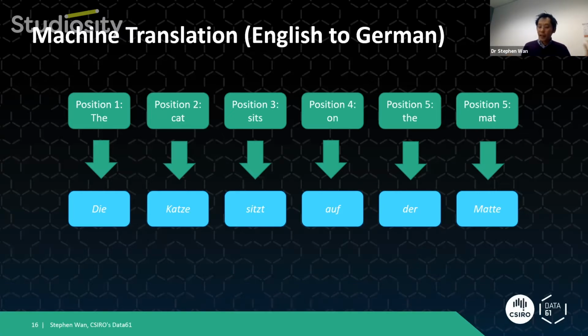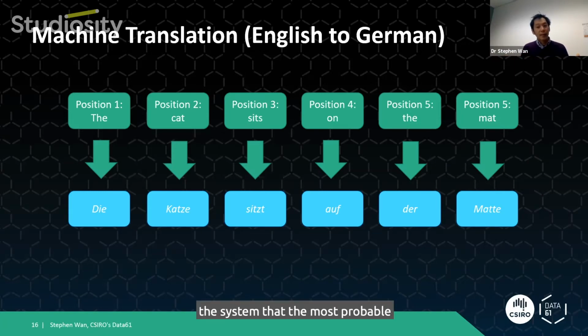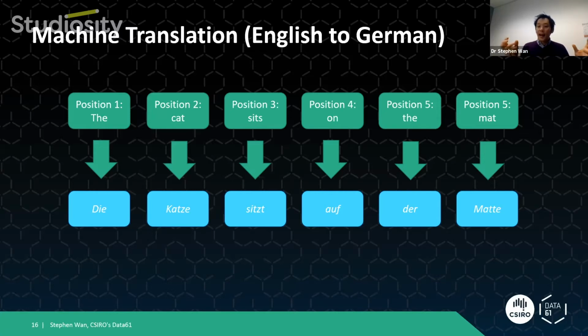Using the context of the 2 preceding words, die Katze, this might tell the system that the most probable version of the infinitive sitzen is sitzt, which happens to be the correct conjugation of the verb in German. That is, my language model is telling me that those 3 words in sequence, die Katze sitzt, is more probable than any other alternative that the translation system might be considering at the time.